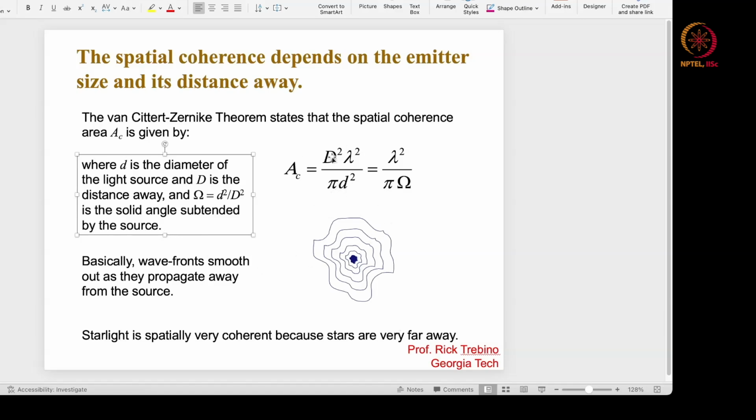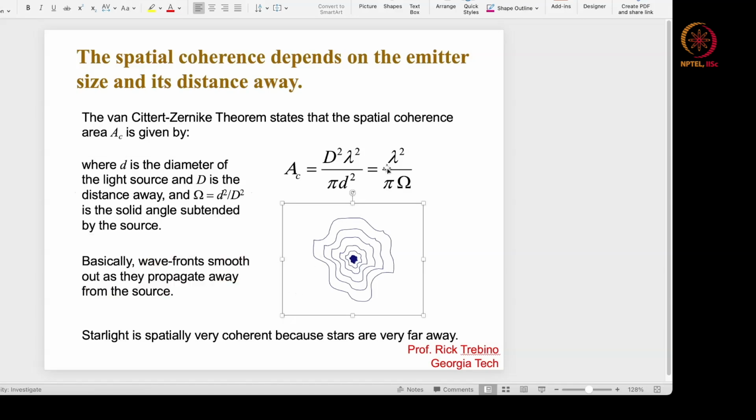So if you look at A_c now, you get lambda squared divided by pi times the solid angle. So basically what happens here, if you look at it carefully, is that the wavefronts smooth out as they propagate away from the source.